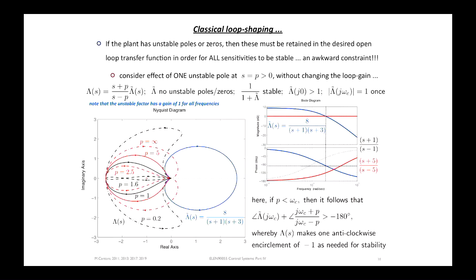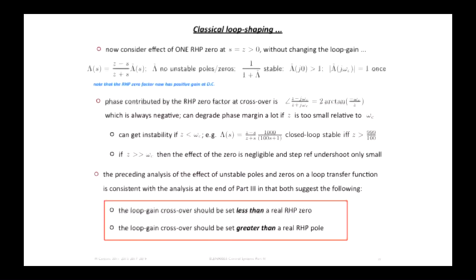Right, so right half plane 0s put an upper bound on your crossover frequency, whereas right half plane poles put a lower bound on your crossover frequency. We've seen those things before via different sorts of analysis. So if you like, this is just confirming what we've seen before, but from a slightly different perspective.